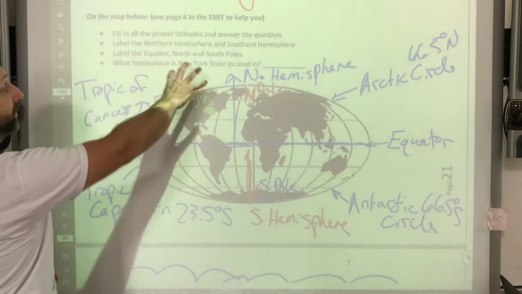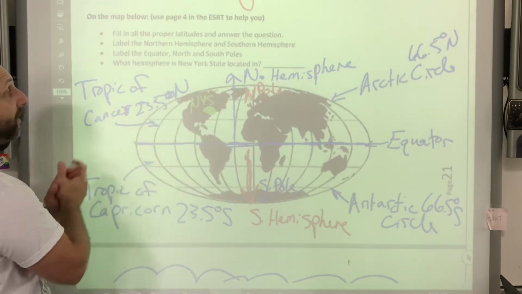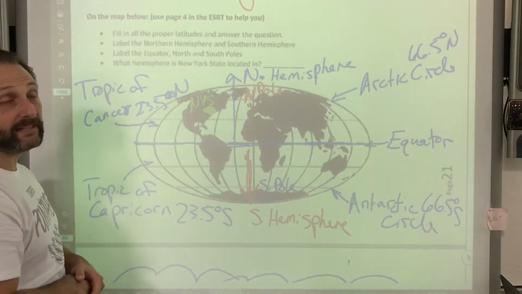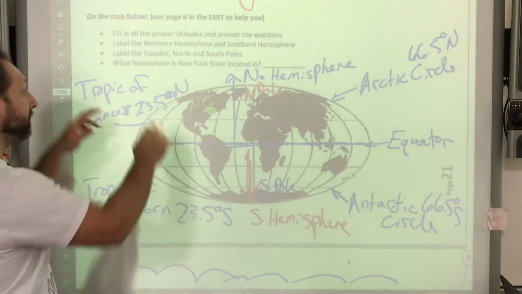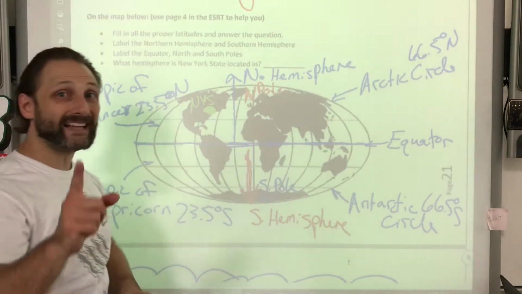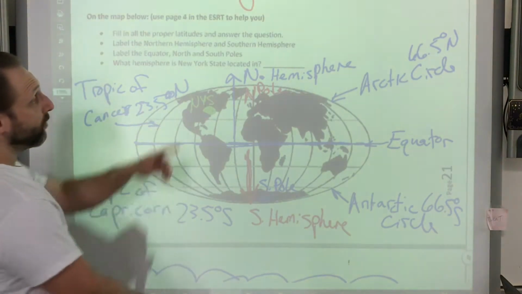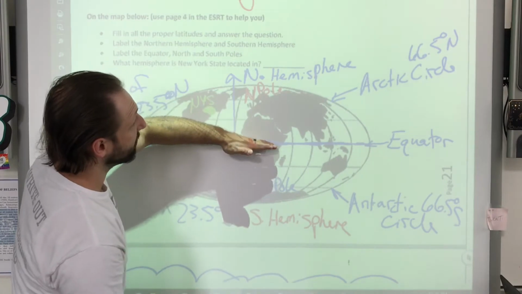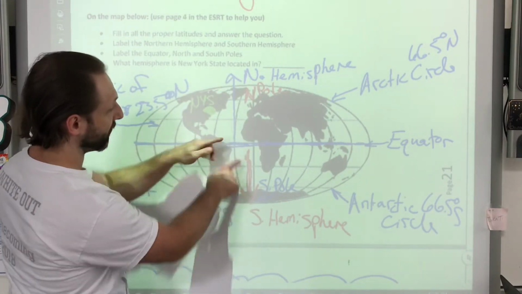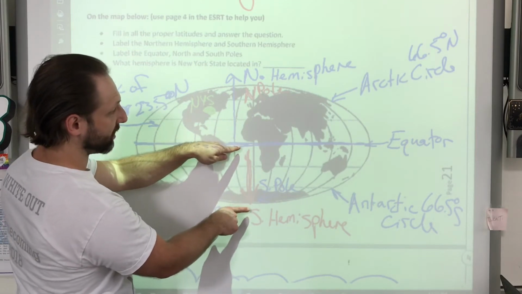We've got very important sections that I've labeled out, like the Tropic of Cancer and the Tropic of Capricorn, both being at 23.5 degrees, this one being north, this one being south. These are important because that's the tilt of the Earth. We've got our northern hemisphere, so everything above the equator. This blue arrow up, that's the northern hemisphere. This red arrow down to the bottom is the southern hemisphere.